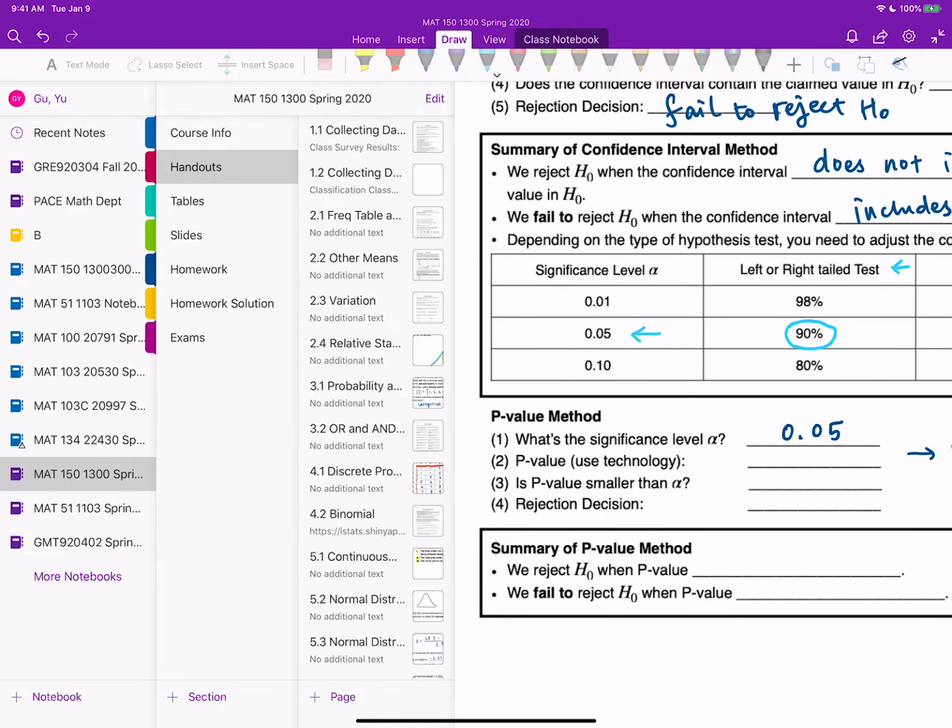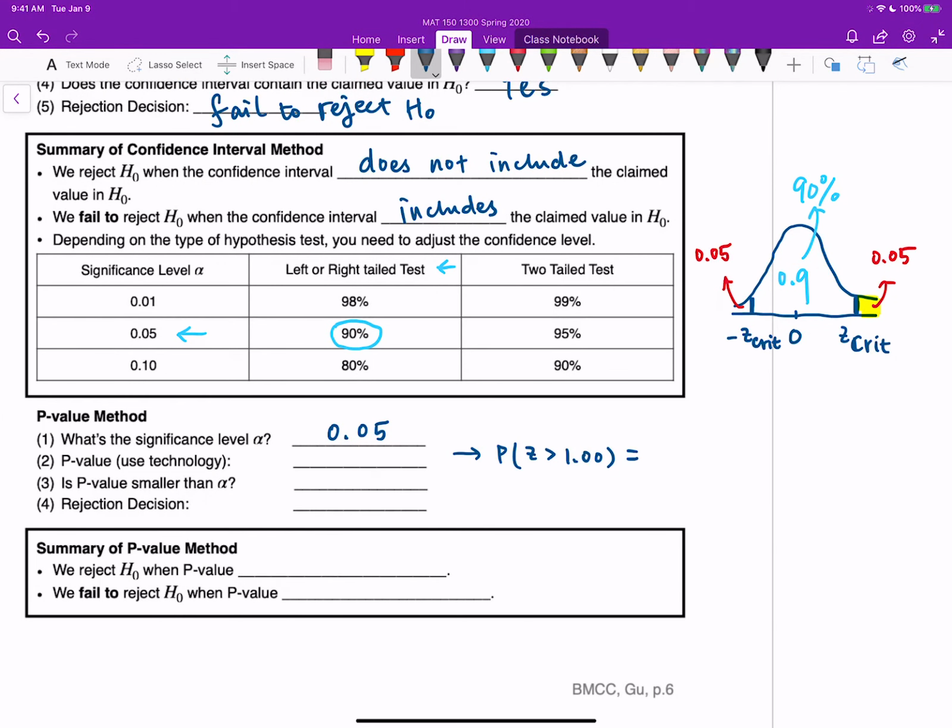So let's go back to our handout. You could mark a graph right here. This is 1.00. We shade everything to the right, and we find that the left-hand side is 0.8413.